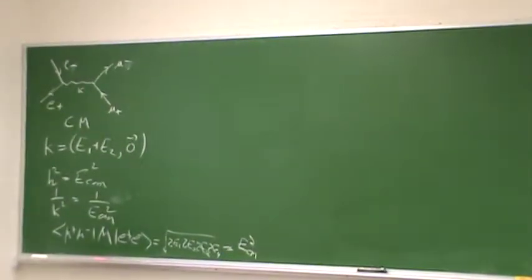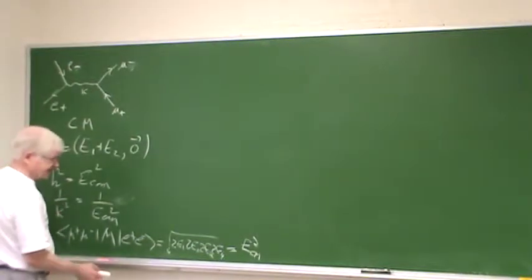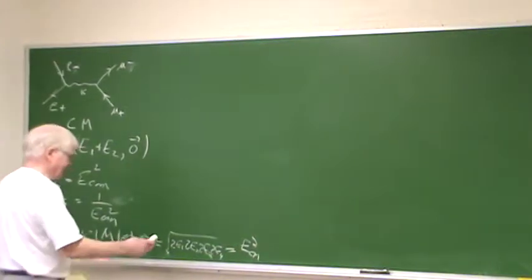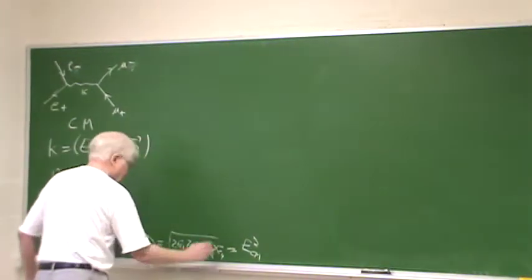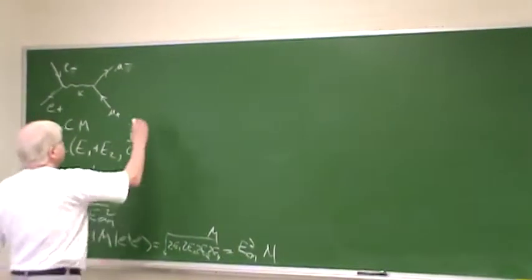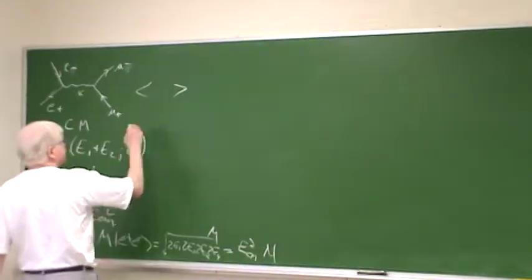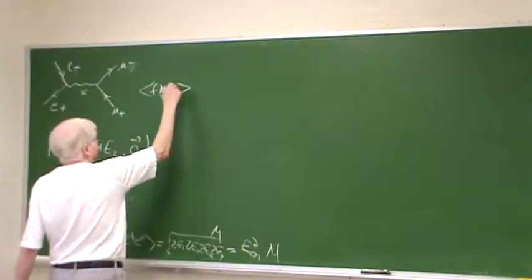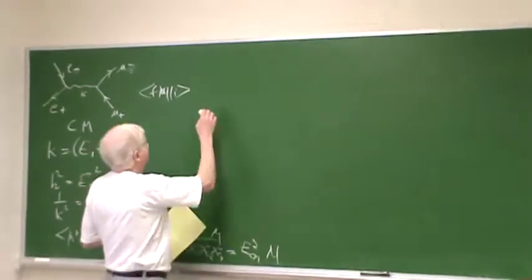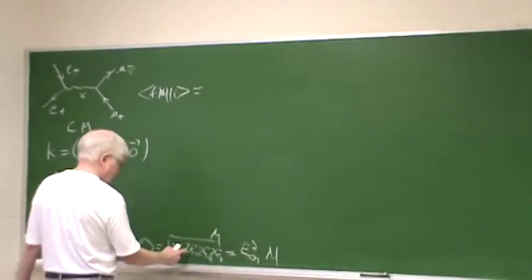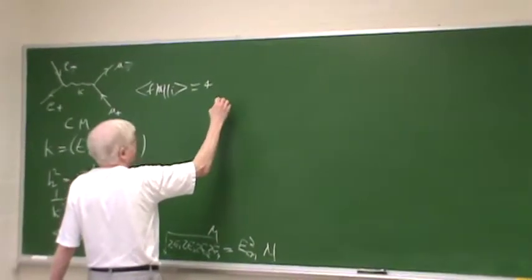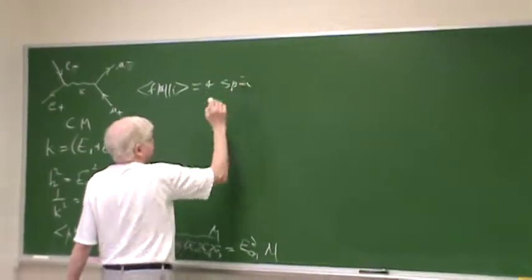So effectively, the 1 over K squared cancels the final state factors, and I'm leaving out, of course, the M. And so altogether, this matrix element Fmi has a 1 over E center of mass squared, all these factors, and so in fact what you get here is a factor of 4 times whatever the spin contribution is.